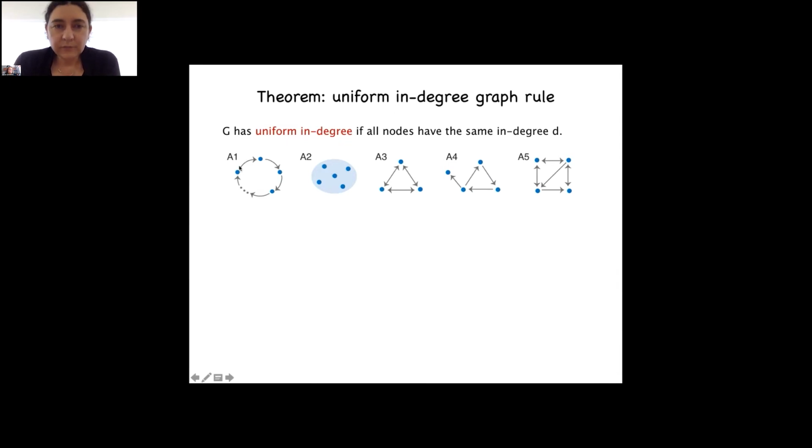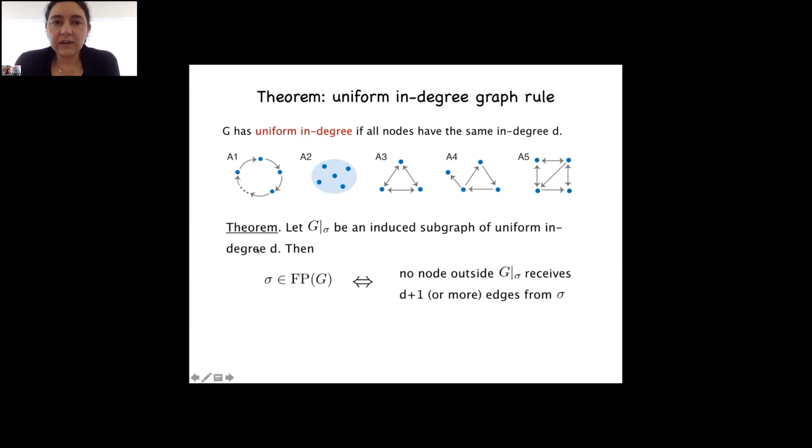So this one simply says if you have a subnetwork that has uniform in degree, so all nodes have the same number of incoming edges, uniform in degree D. So for instance, A3 is uniform in degree 2, A4 is uniform in degree 1.